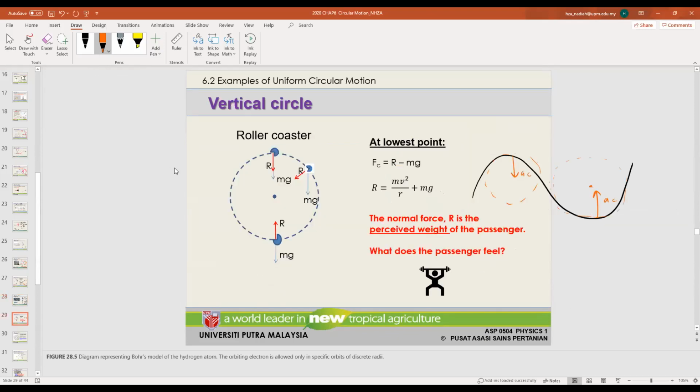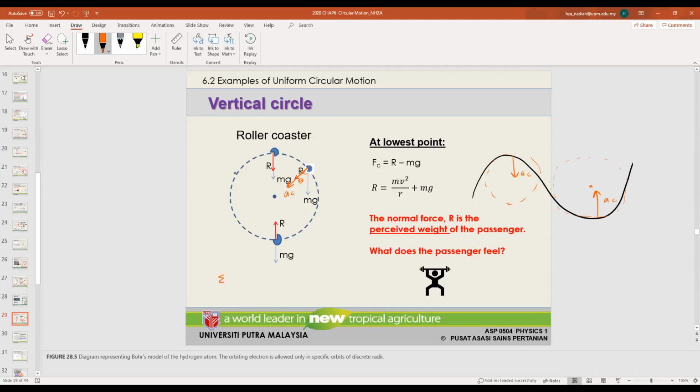Okay, so let's talk about what happens when our roller coaster is this way. Kenapa dia macam tu? Oh, seat dia macam tu. So your seat is this way and this is your R, your AC is also this way, your MG is this way. Assuming you know the angle between MG and R, how would you write this equation?